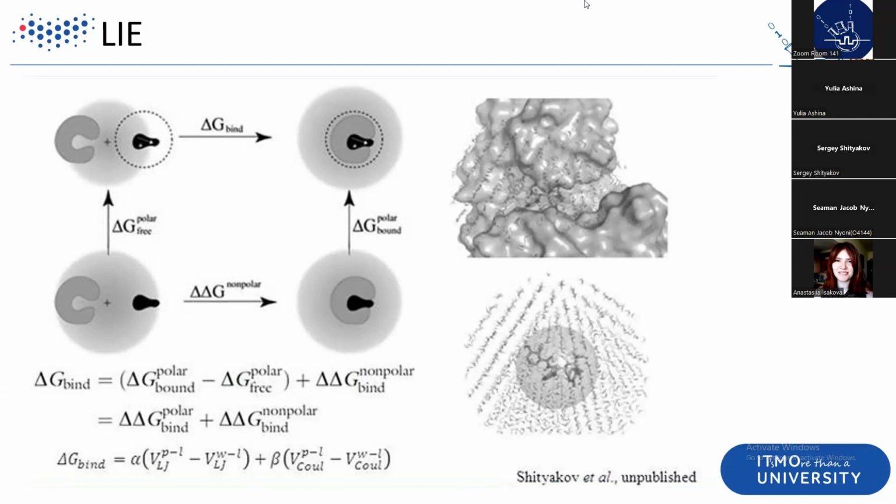When you have some sort of a cycle, you can calculate the Gibbs free energy of binding, and this Gibbs free energy of binding can be determined by calculating the energy for each of the parameters representing the system.